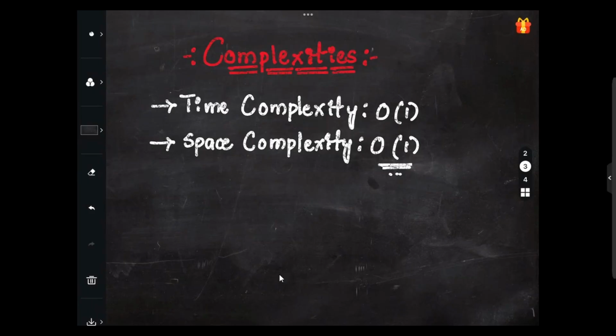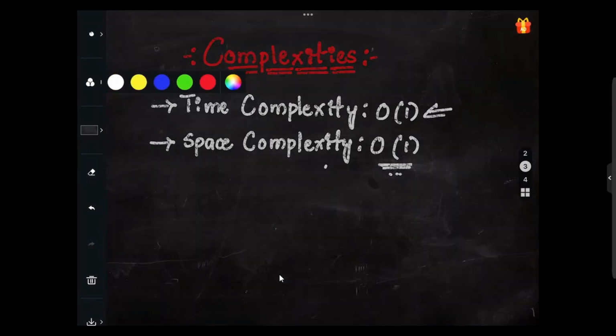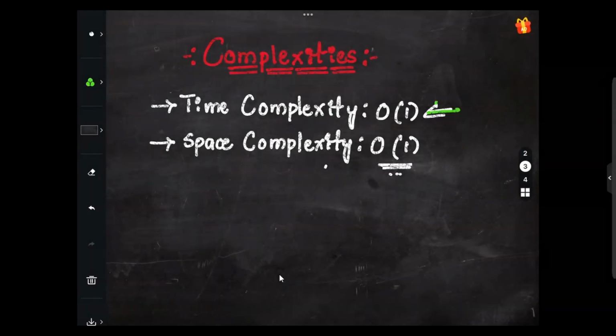So what will be the time complexity here? The time complexity would be big O of 1. Why is it big O of 1, you can ask. Why is it not big O of n? Because we will be making use of only a few big integer operations, right? Which are independent of the actual values.